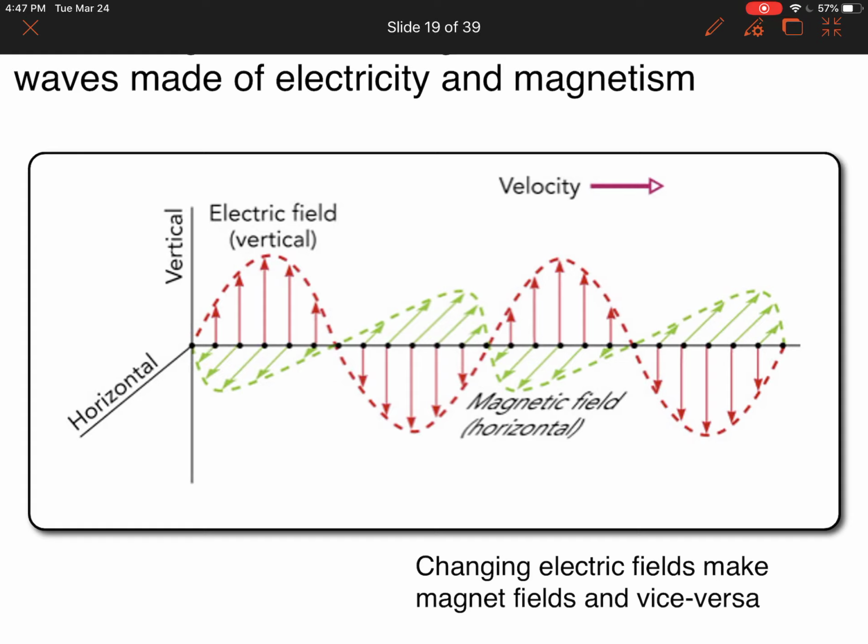So, how do we create electromagnetic waves? We have already learned how moving charge produces a magnetic field. A constant current produces a constant magnetic field, while a changing current produces a changing field.